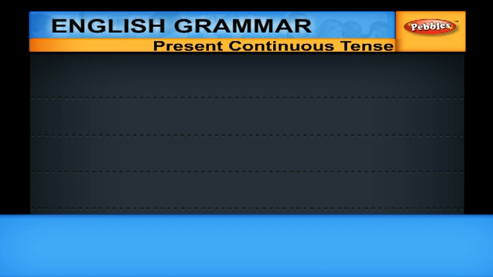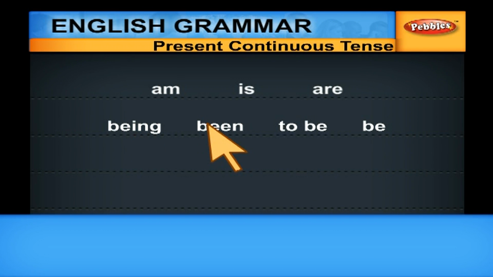Again, present continuous tense will have am or is or are as helping verbs. You can ask about being, been, to be or other be forms, but they are not used in present continuous.